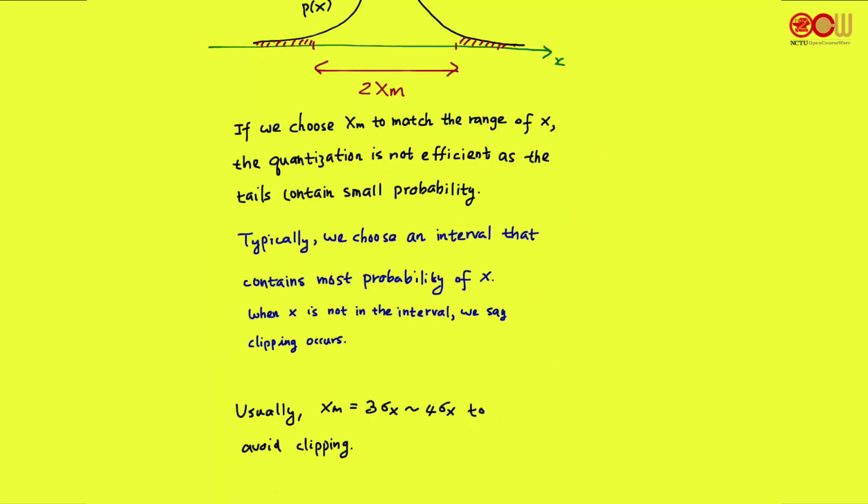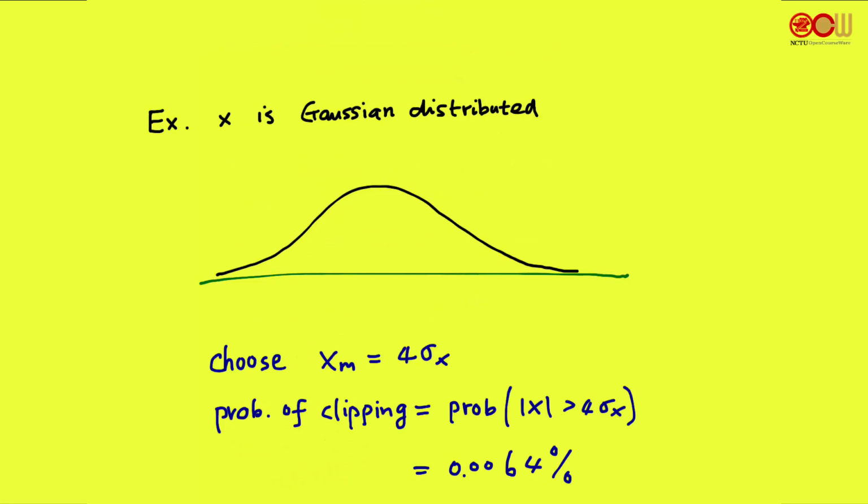Usually if we choose xm to be 3 times to 4 times the standard deviation of x, then the probability of clipping is a small one. For example, x is Gaussian distributed, a random variable that is commonly seen in a lot of applications. Suppose we choose xm to be 4 times its standard deviation.